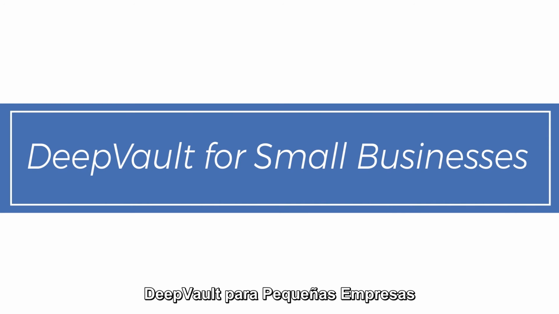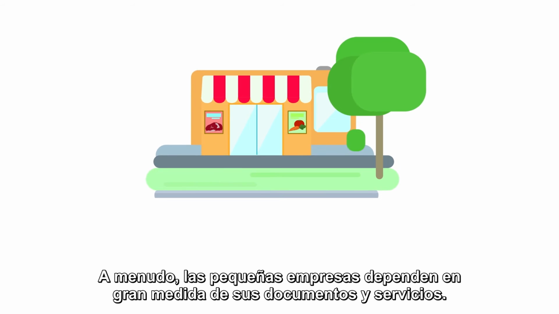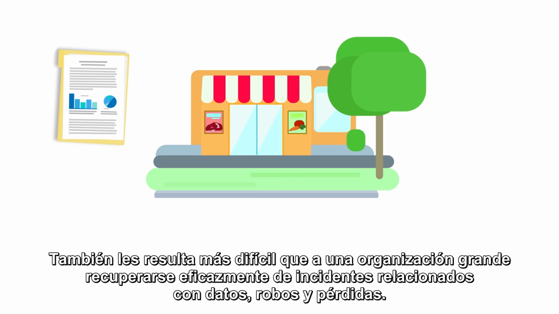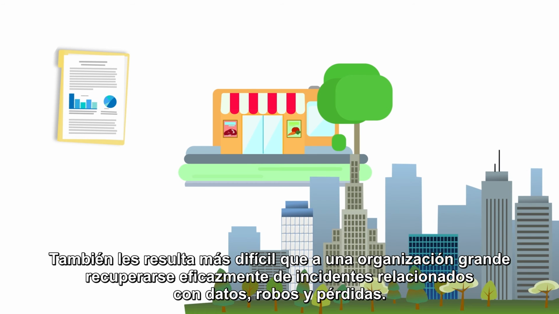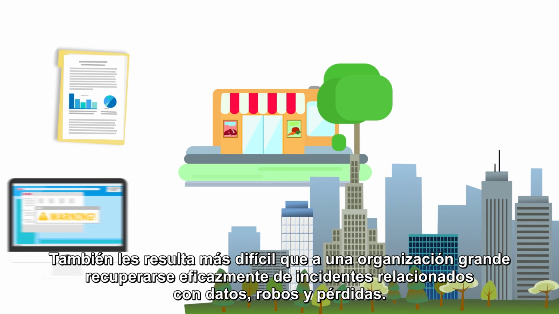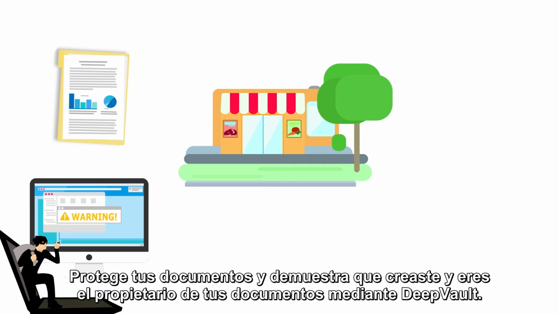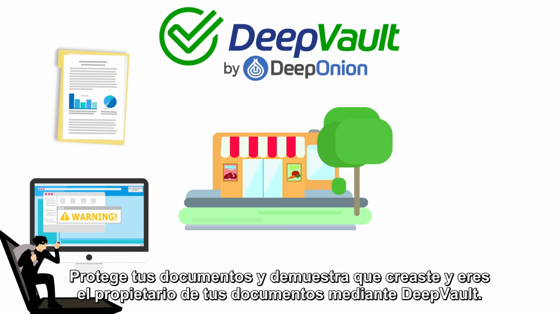DeepVault for small businesses. Small businesses are often highly dependent on their documents and services. They also find it more difficult than a large organization to recover effectively from incidents related to data, theft, and loss. Safeguard your documents and prove that you created and own your documents using DeepVault.